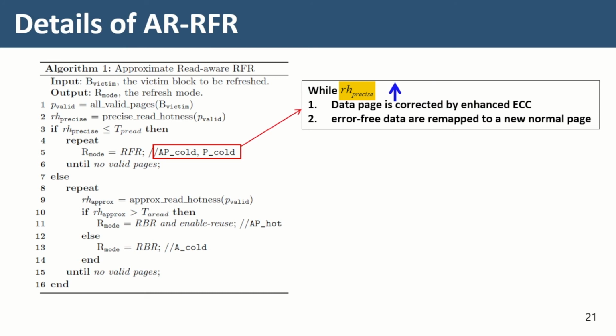With the hotness type information, we can design the way to choose the best refresh mode. As the algorithm elaborates, for AP_cold and P_cold pages, AR-RFR tracks RFR because these data pages are rarely precisely read by applications, and once one page becomes frequently precisely read, it would be optimized.